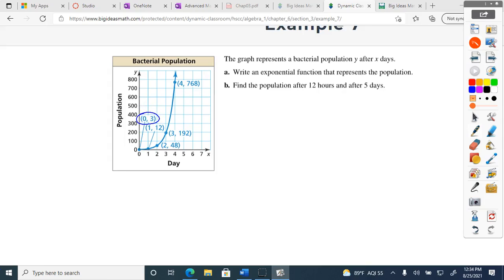Okay, so every time you're going to have y equals a times b to some power. Your a is how much you have initially. So on day 0, we have a left because 0 would take out the b.